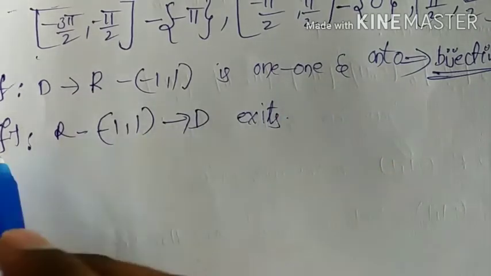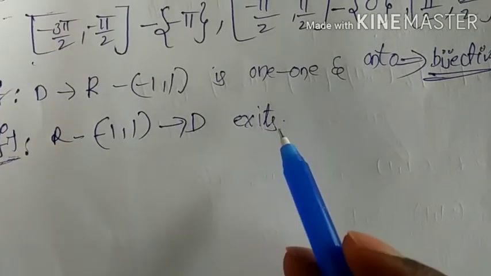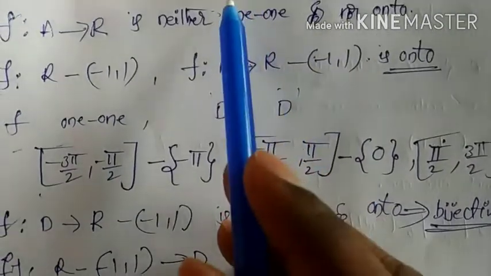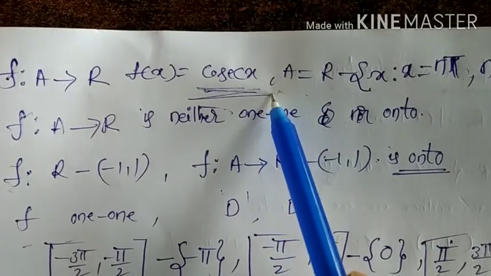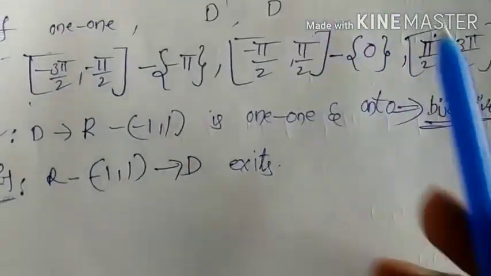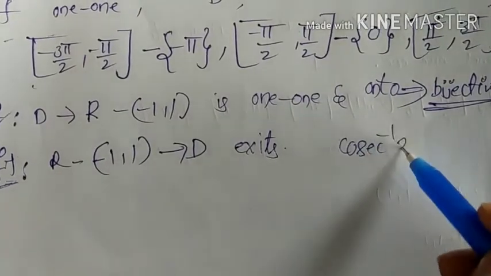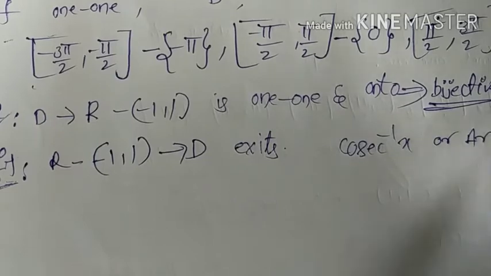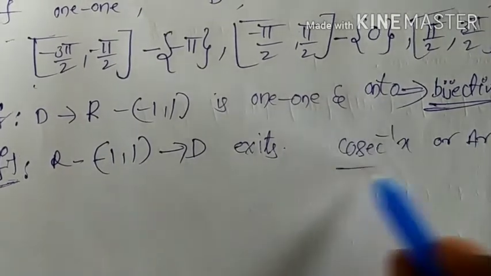So here the inverse function is denoted by f inverse. Here we are going to find the inverse of the cosecant function, right? The inverse cosecant function is denoted like this: cosecant inverse of x, or arc cosecant function.